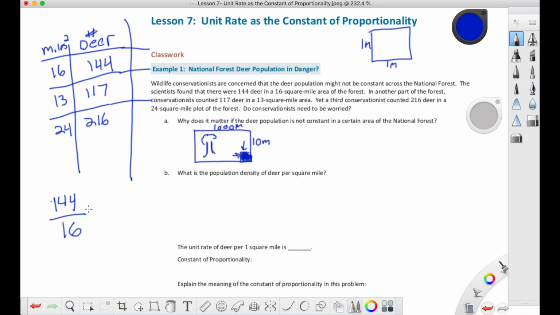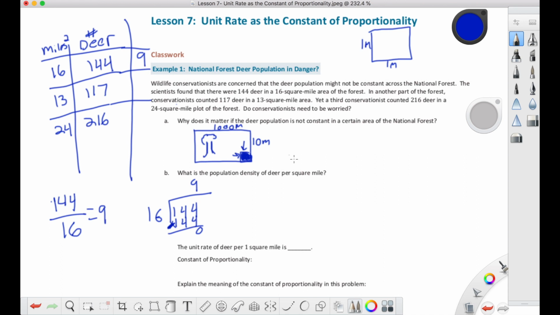We need to figure out what this is equal to. Well, this is just a division problem, so let's do it. 16 doesn't go into 14, but 16 does go into 144 9 times. 16 times 9 is 144. So this equals 9.